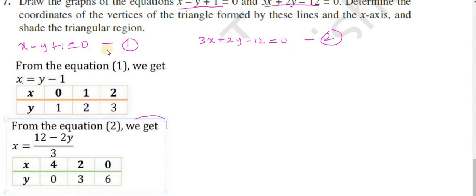Okay, now what we need to do is draw the graph. Take the graph sheet.